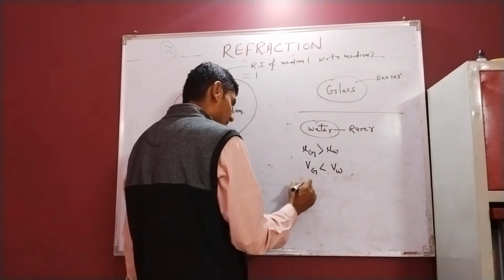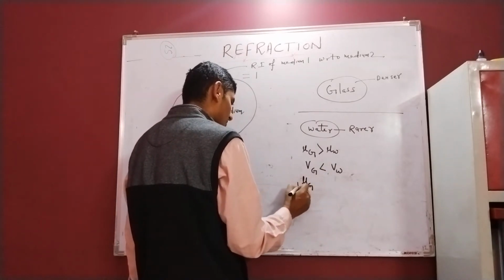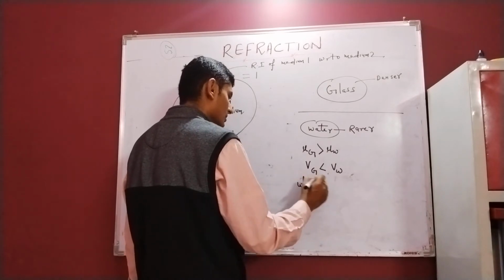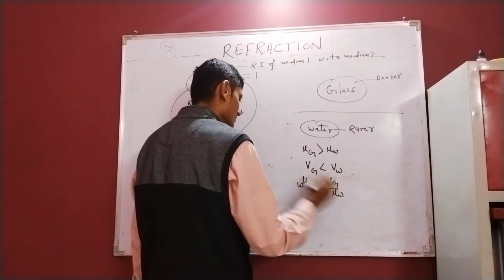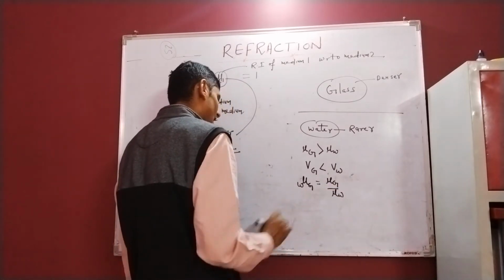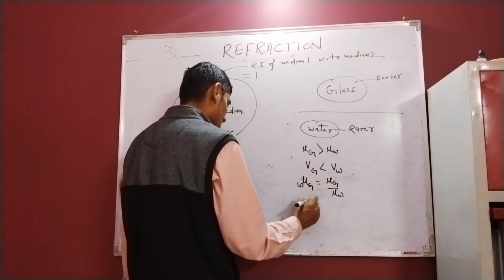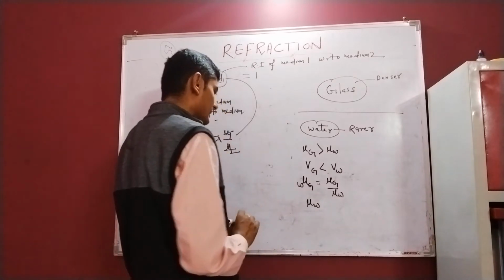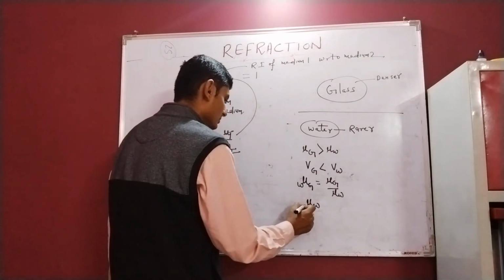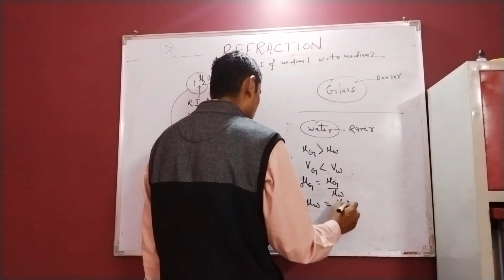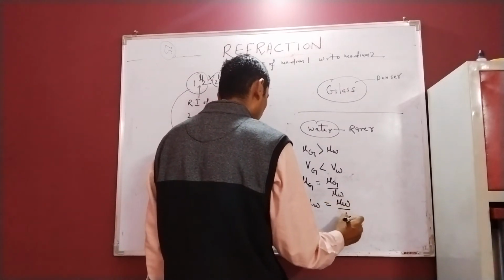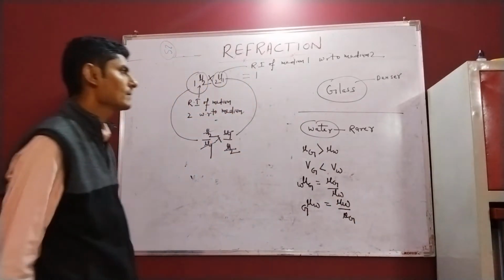If we write refractive index of glass with respect to water, this comes out mu g upon mu w. And if we write refractive index of water with respect to glass, this turns out mu w upon mu g.